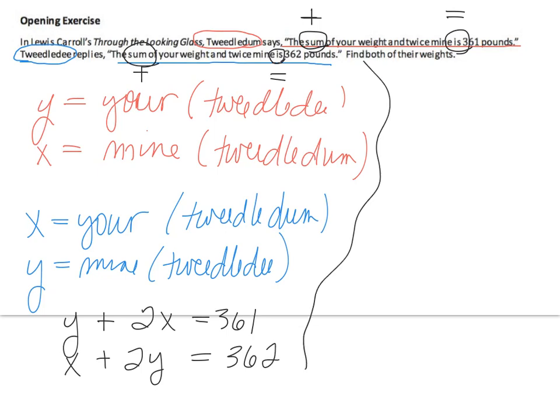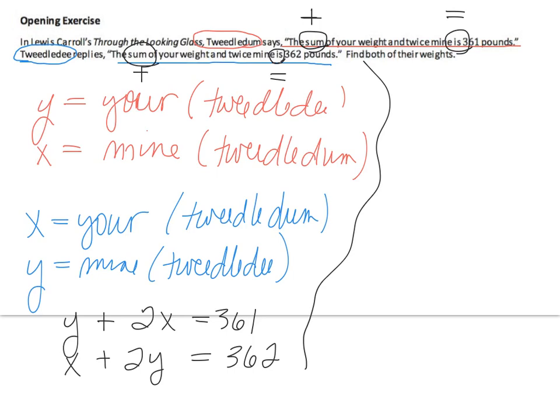Well, do I have enough information to solve the equation? Generally, if you have two unknowns or two variables, here y and x, you need two equations to solve your system. If I have two variables that we don't know, I need two equations so that I can solve it. So let's go ahead and see if we can solve these.